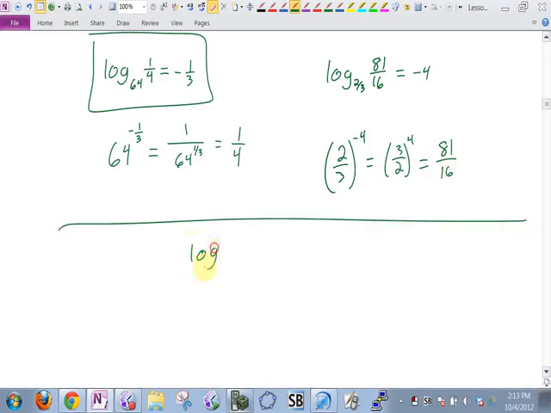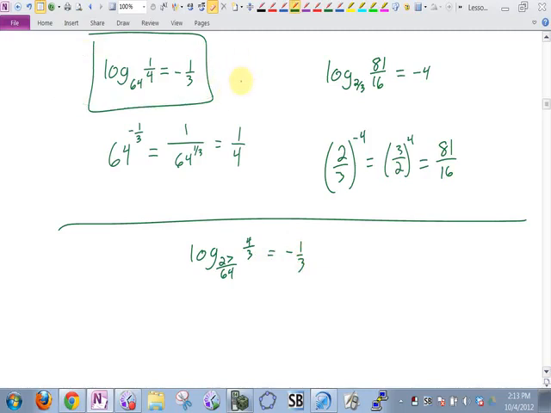You could have had, what is the log base 27/64 of 4/3? No, it's negative 1/3. Negative 1/3 again, just like this one. Right?